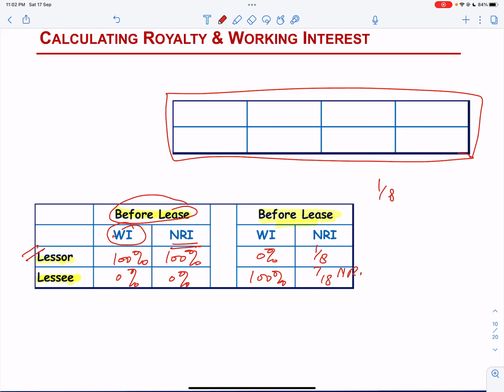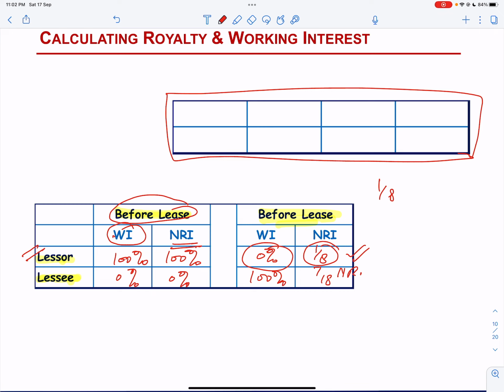Now, the lessor gives 100% of his working interest in exchange of a royalty fraction, that is 1/8. So the lessor is going to own 0% working interest, and they will also own 1/8 of the net revenue interest.